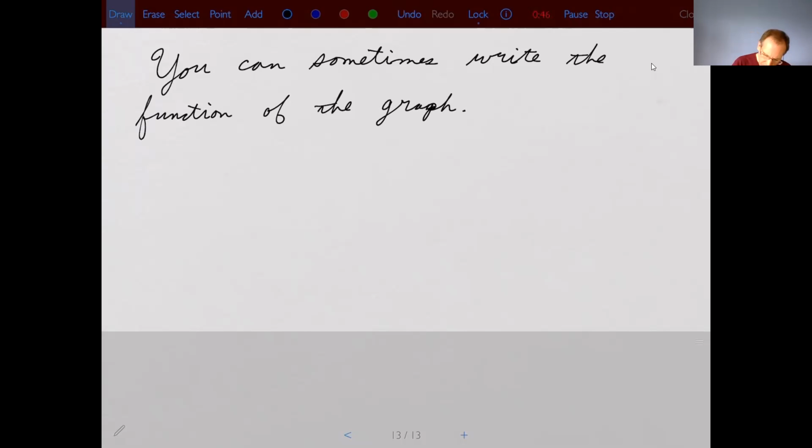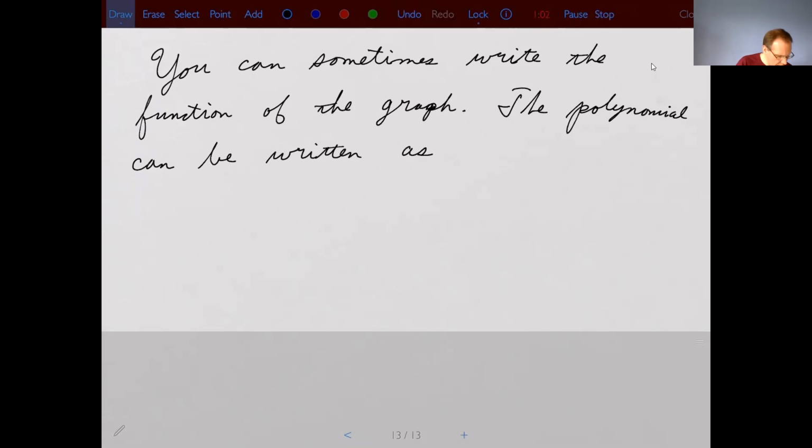So the polynomial in general can be written in the following way, right?